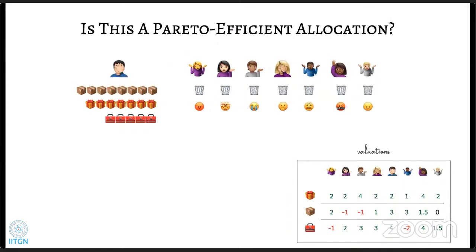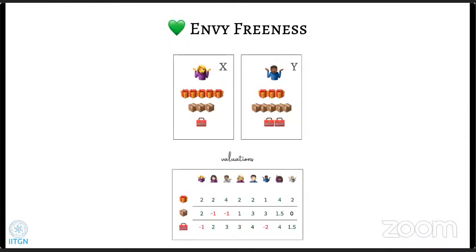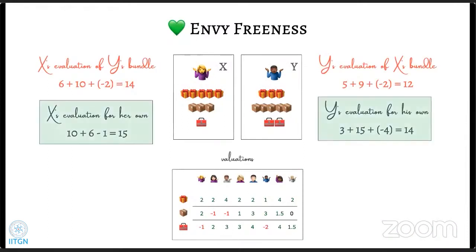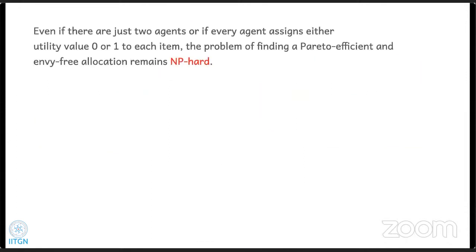You could also talk about the so-called equitable allocations, which is a related concept where you want everybody to get the same value according to their own valuation. But I won't be getting into those alternate definitions for now. We'll just say that this is the sort of thing that makes for a happy situation in our case. This is a fairly fundamental, very well studied notion. This is what we're going to stick to.